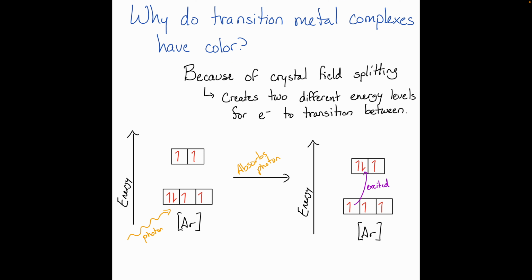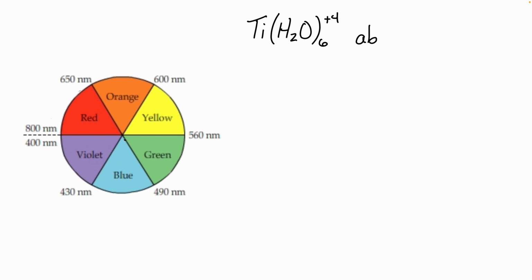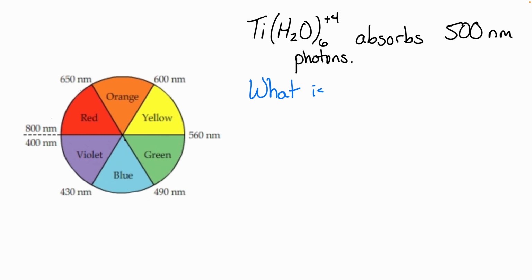I'm just going to tell you that the hexaaqua titanium 4 complex absorbs 500 nanometer photons. All right, what is the color? Specifically, what is the color that we observe?